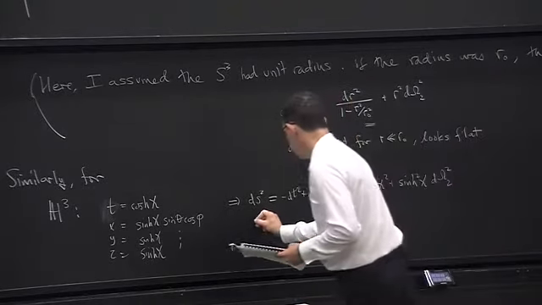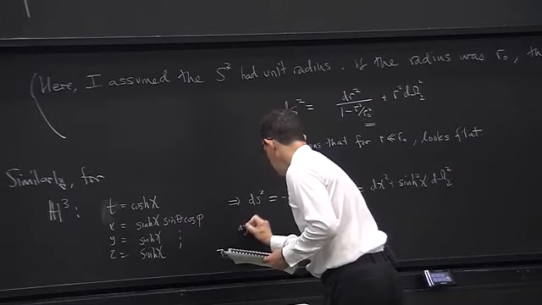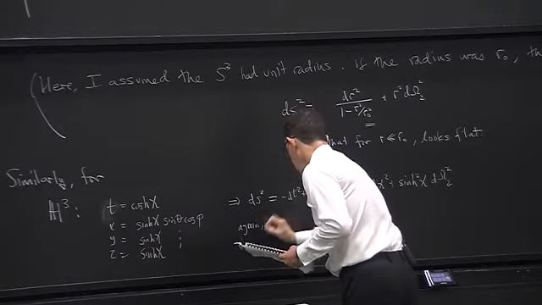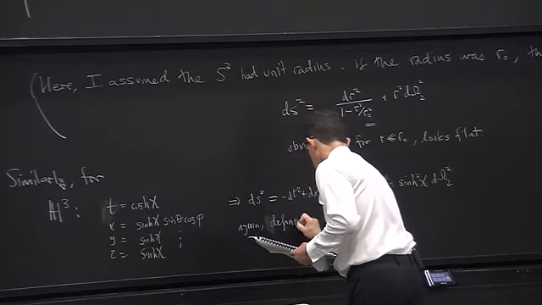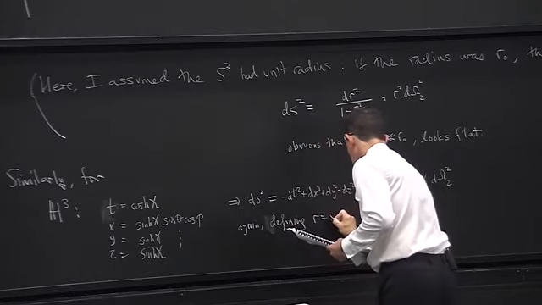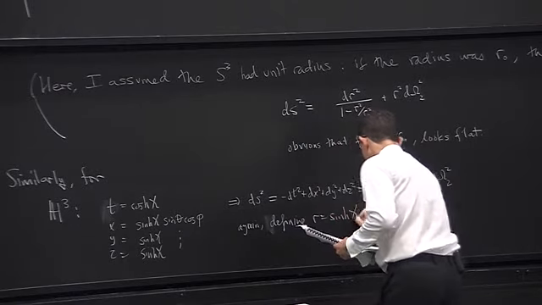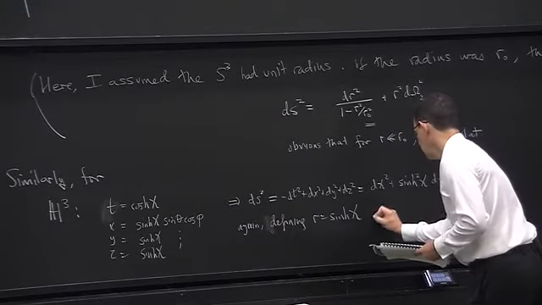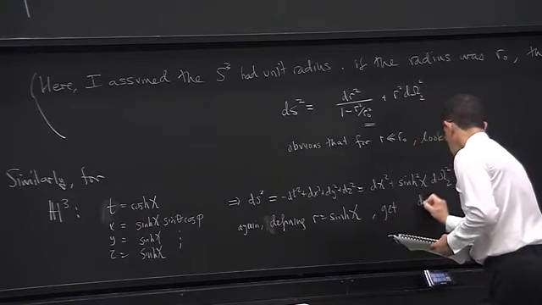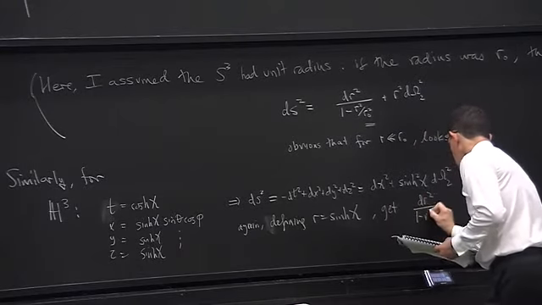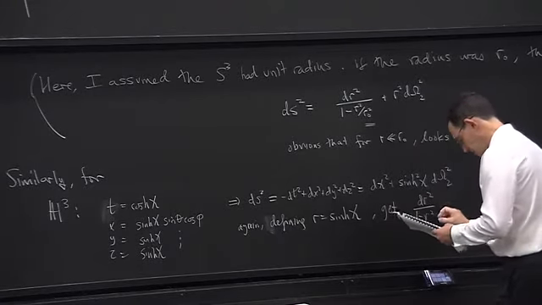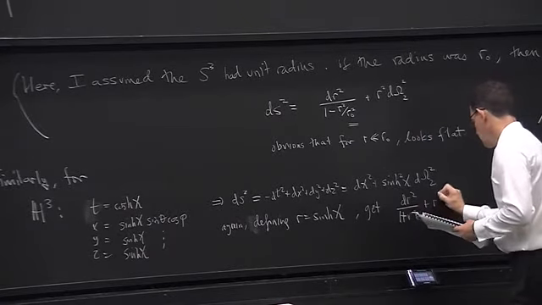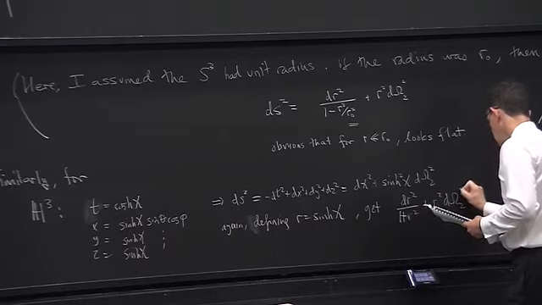And again, defining r to equal sinh chi, the radius of the two-sphere, we get dr squared over 1 plus r squared, plus r squared d omega 2 squared.